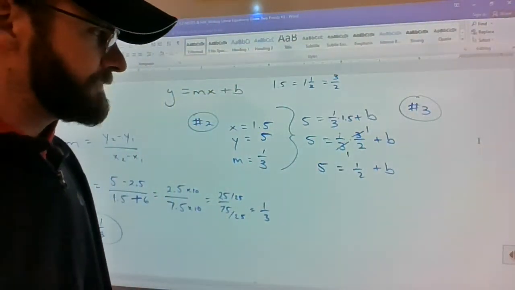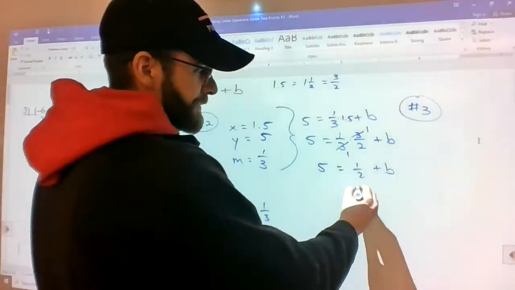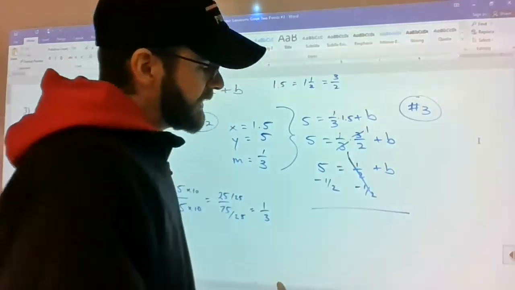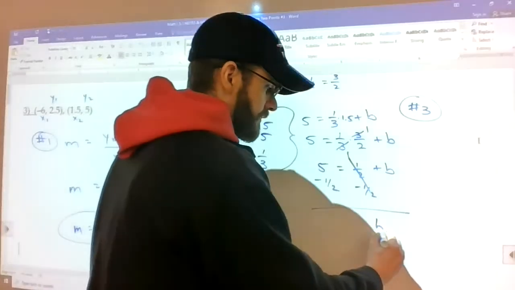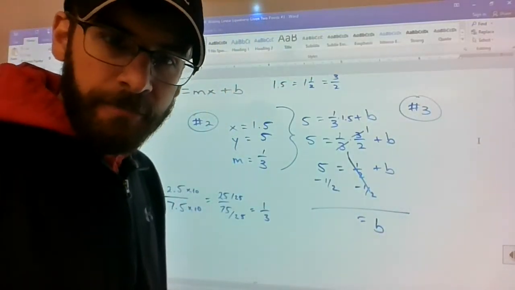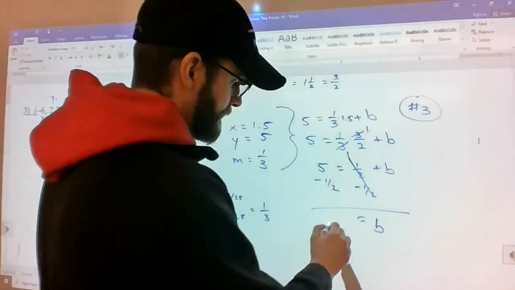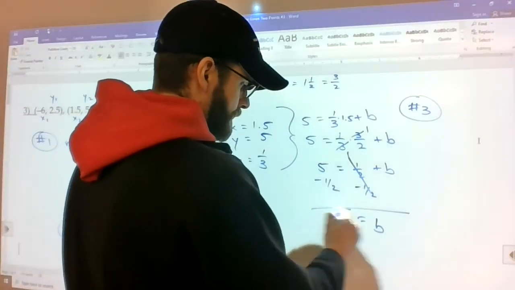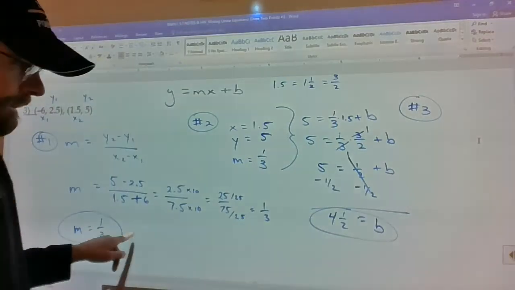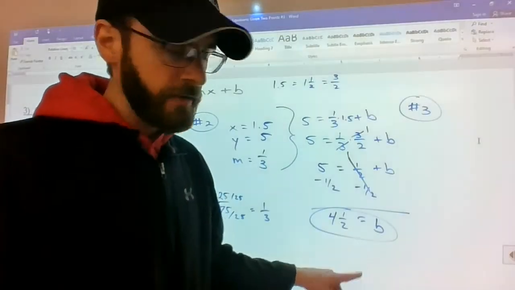All right, to close this thing out, we're going to subtract a half from both sides. The halves are gone, so b equals, well, take half away from 5. You're down to 4.5. Okay, so we got m equals 1/3, b equals 4.5.